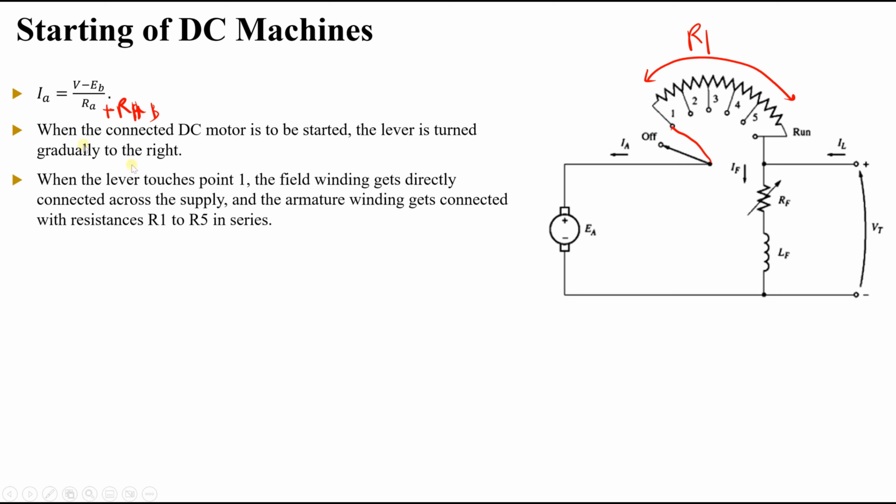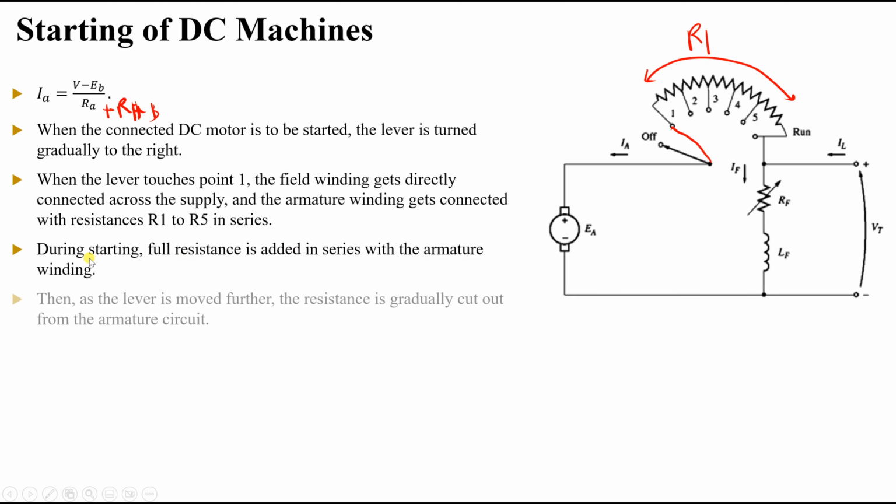When the lever touches point 1, the field is connected to the supply, and the armature winding gets connected with resistances R1 to R5. So we have 1, 2, 3, 4, 5 resistances in series. During starting, when we have 0 back EMF, the full resistance is added in series with the armature winding.